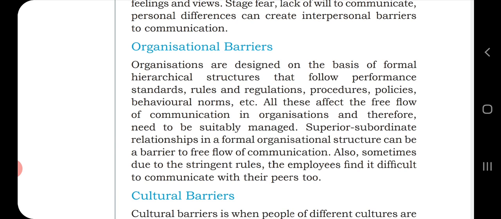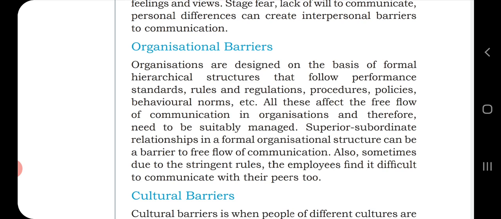And behavioral norms, which are very very important. Behavioral norms means you are expected to behave in a certain manner, generally in a very polite way. So this is generally the design of any organization.